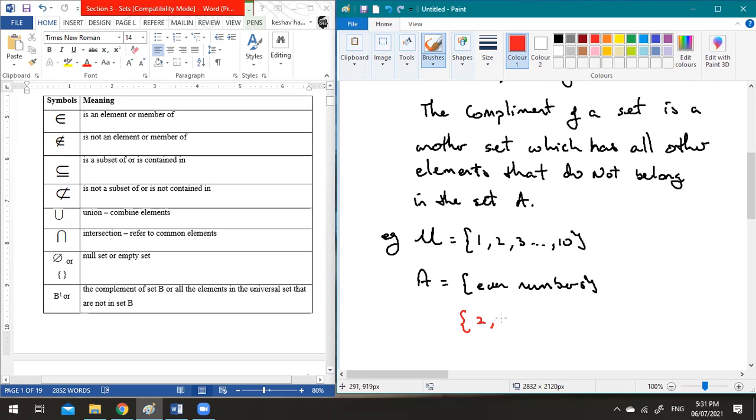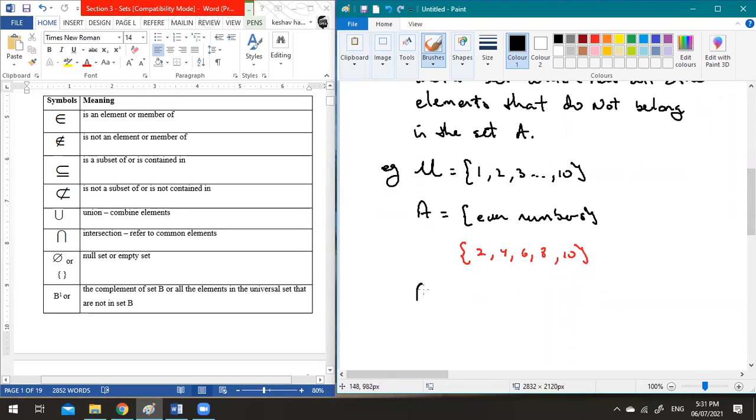Even numbers are 2, 4, 6, 8, and 10. Therefore, the A complement set would carry all the numbers that are not in the set A. So we'll have 1, 3, 5, 7, and 9.